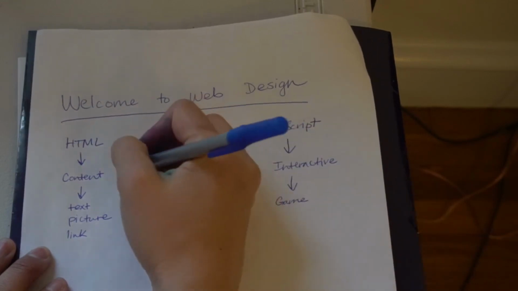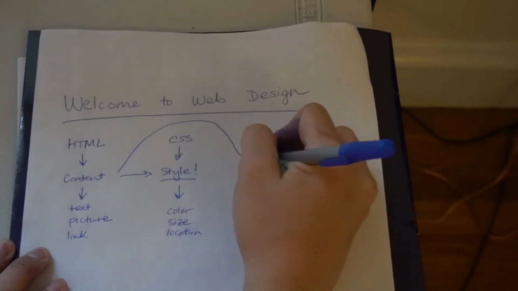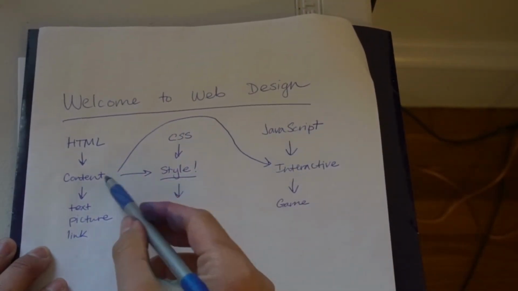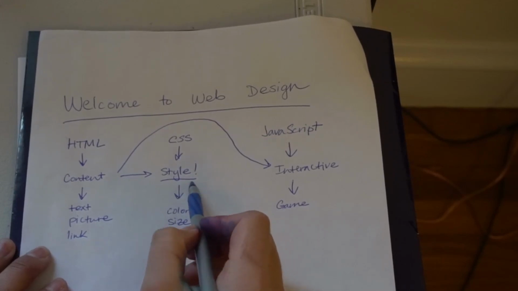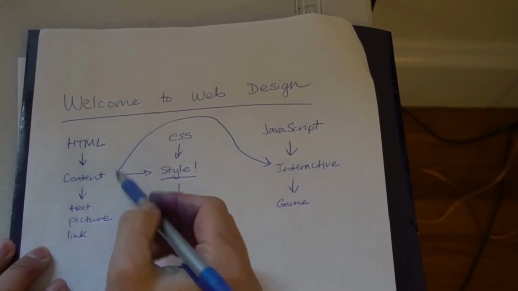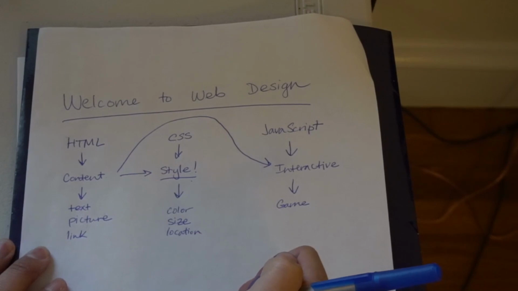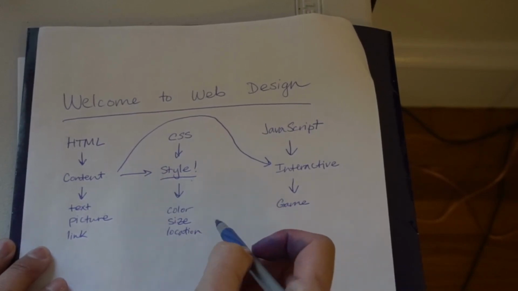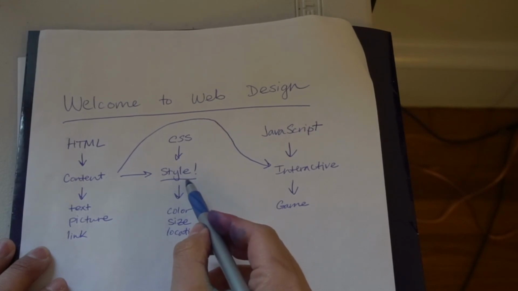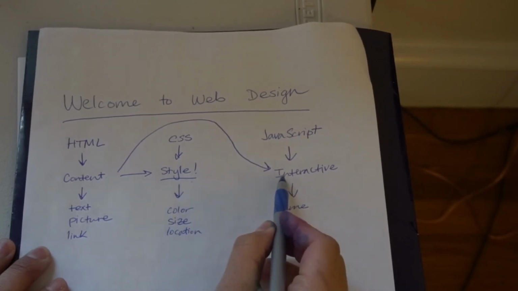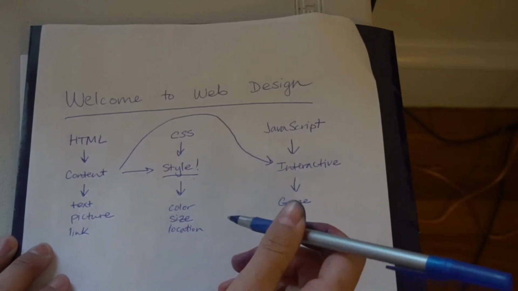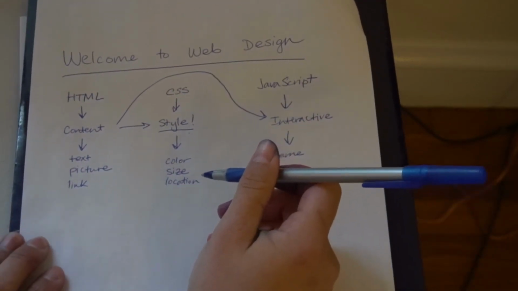And again, that relies on content. If there is no content, then there's nothing to interact with. Just like if there's no content, there's nothing to style. So we're going to be starting with HTML, which also happens to be the easiest one to learn. And then once we learn how to create content, we are going to start stylizing that content and eventually making that content interactive.